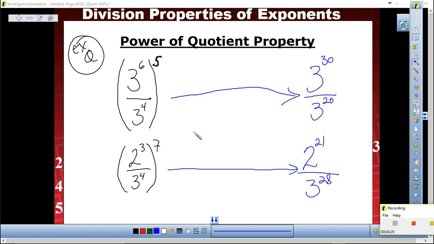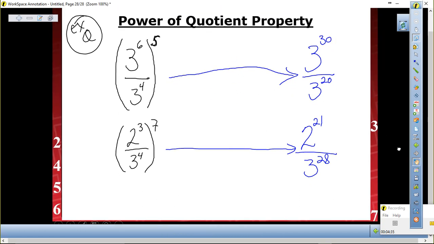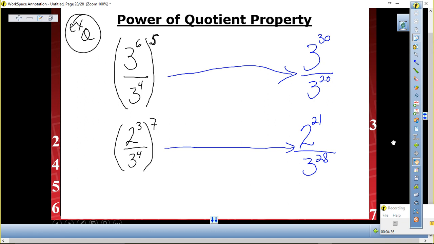All right, so now that we shared what the rule does, I want you to look at the definition that we wrote yesterday for the quotient of powers property. Look at the definition that you wrote down for quotient of powers property from yesterday. Look at the notes. Read it to yourself. Because I want you to look at the structure of that definition, and I want you to think of a definition for today's.